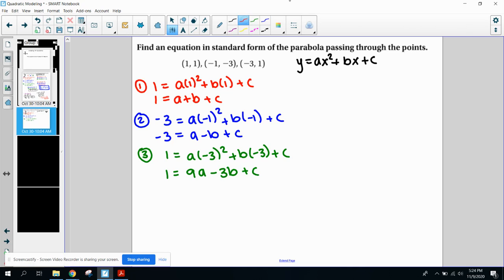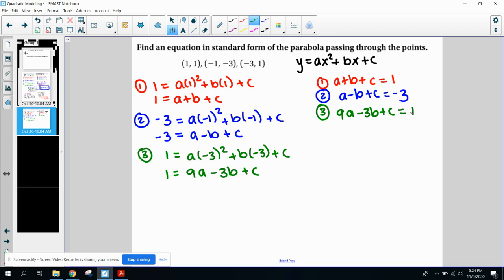So my three equations that I'm working with are going to be a plus b plus c is equal to 1. I'm also going to be using a minus b plus c is equal to negative 3. And then finally, I'm going to be using my third equation, which is 9a minus 3b plus c equals 1.